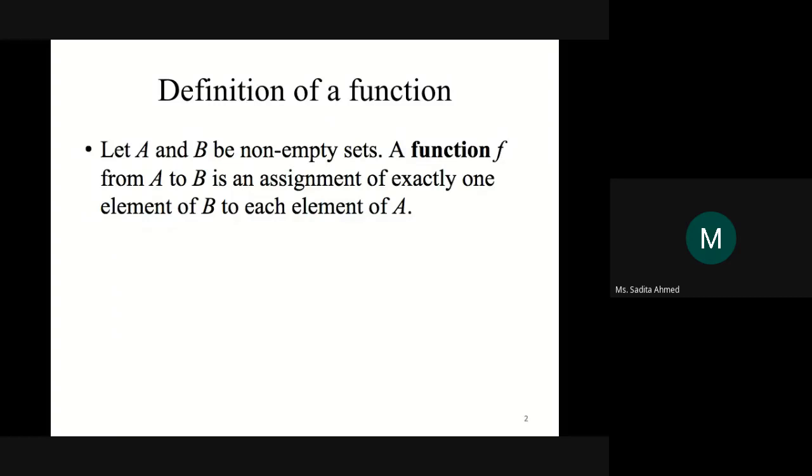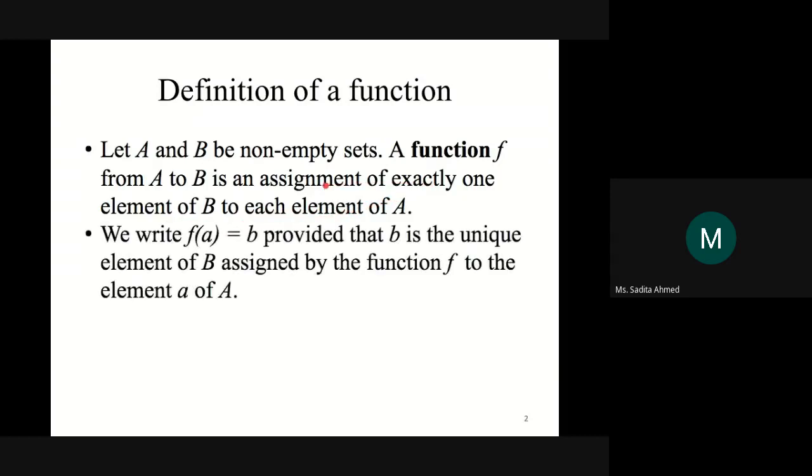You cannot have any one element from the set A which is mapped to two elements from set B simultaneously. No, that is not a function. So each and every element of A has to be mapped, and to exactly one element of B.